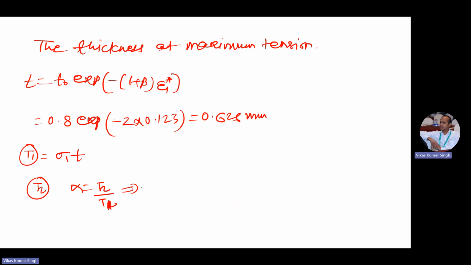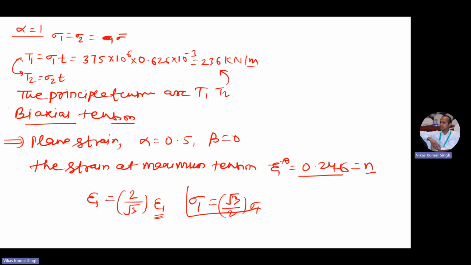So we can write from here T2 equal to alpha into T1 also. And once we calculate this value, we can calculate the T2 also. And from here, if we are putting the thickness value, this value and this value, this value will be calculated from where? From here, this formula. Okay.